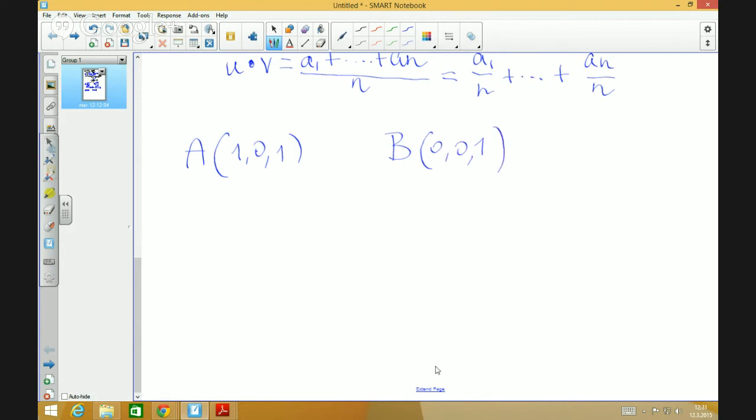And I ask you, what is the equation of the line that goes through these 2 points? Okay, well, these are 2 points. Between any 2 points, there is exactly one line. So what is the equation of the line that goes through these 2 points?